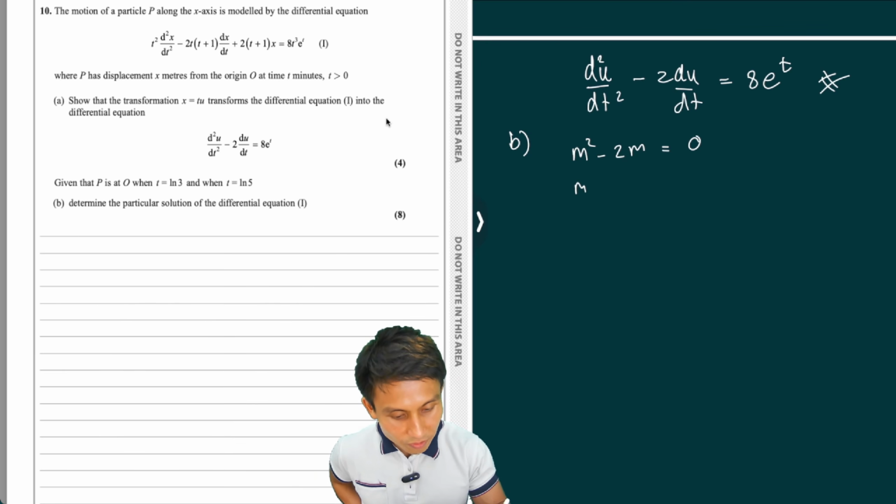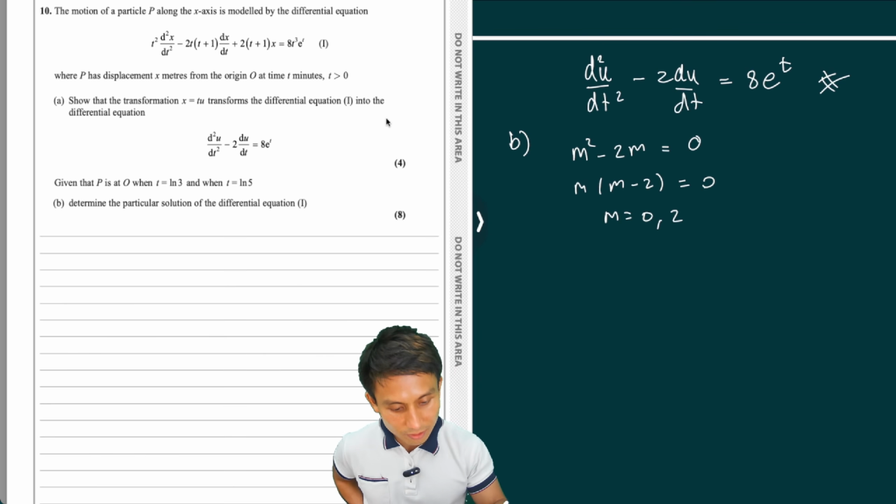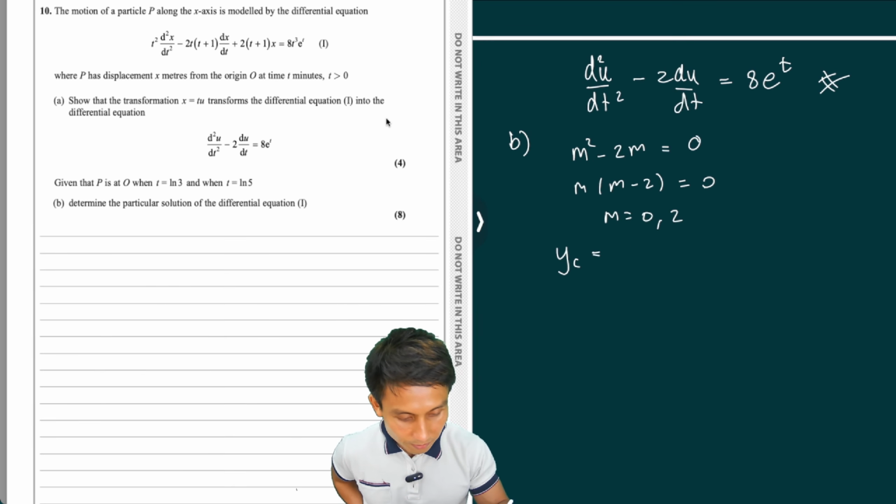So there are two real roots here, m equals 0 or 2. So the complementary function would be a e to the 0x plus b e to the 2x.